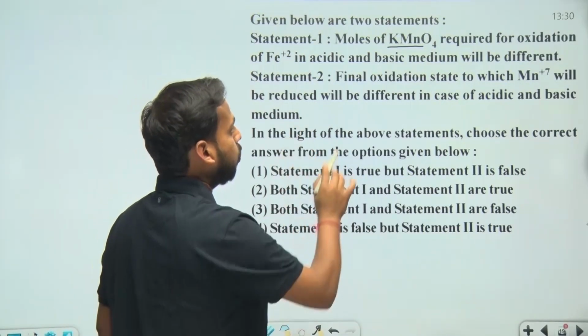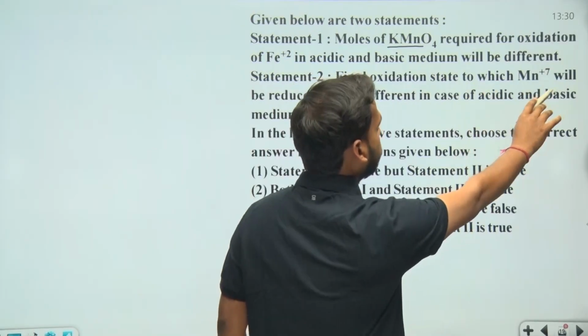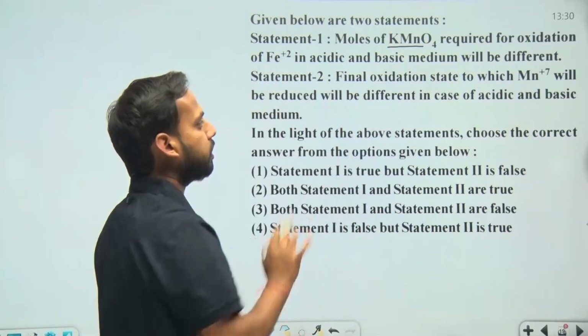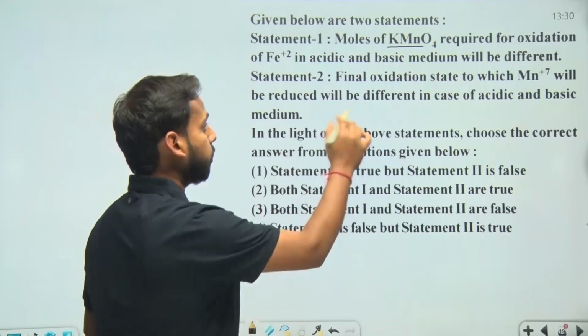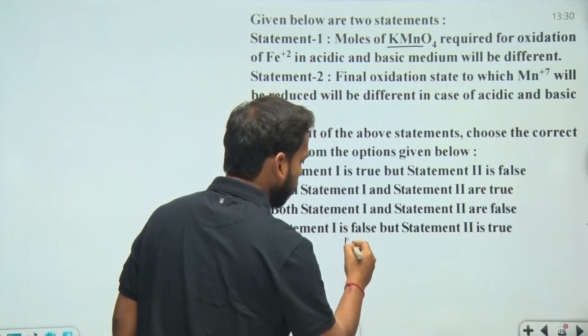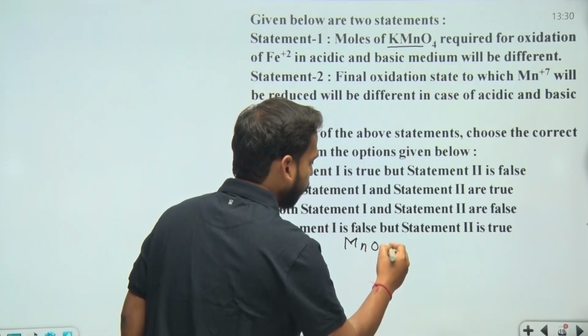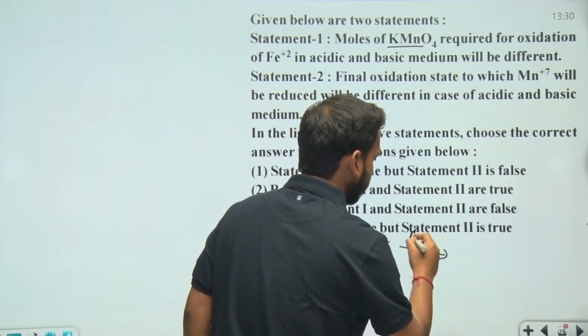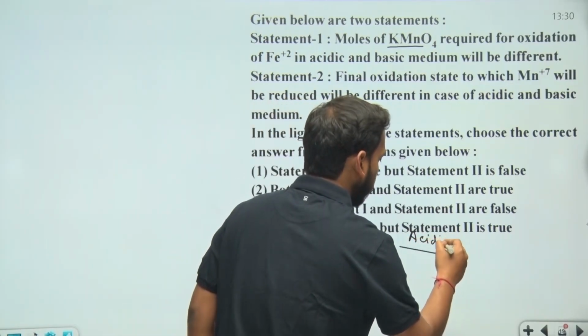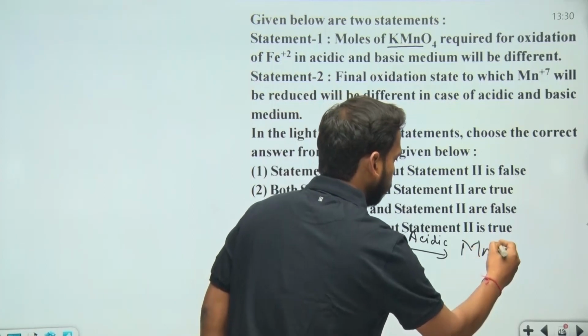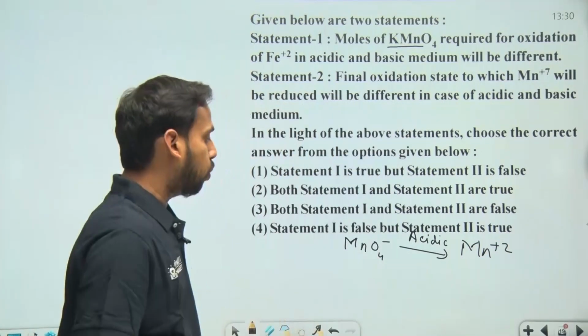For statement 2, the final oxidation state to which Mn plus 7 will be reduced will be different in case of acidic and basic medium. Because if we see MnO4 minus in the acidic medium, it will convert to Mn plus 2.